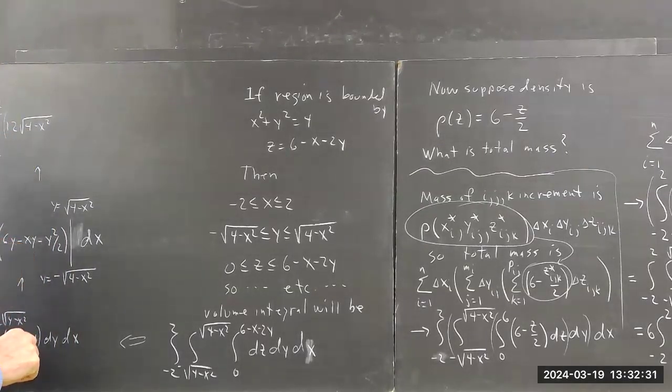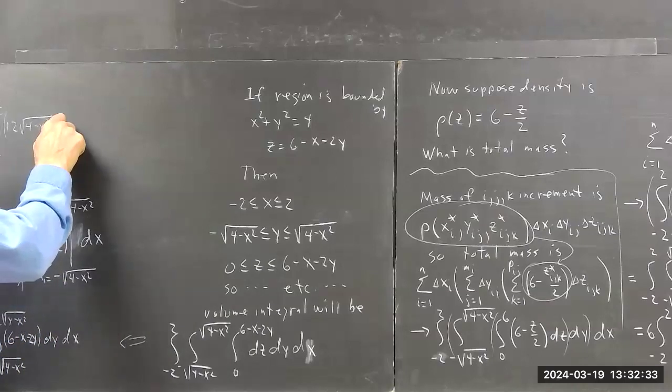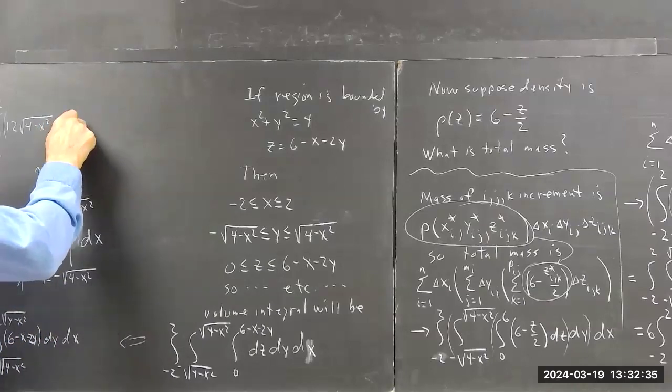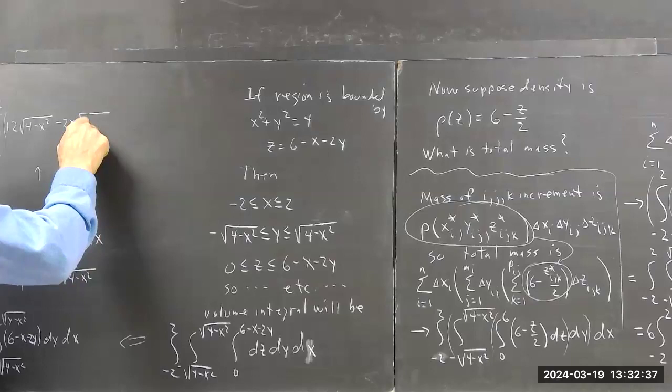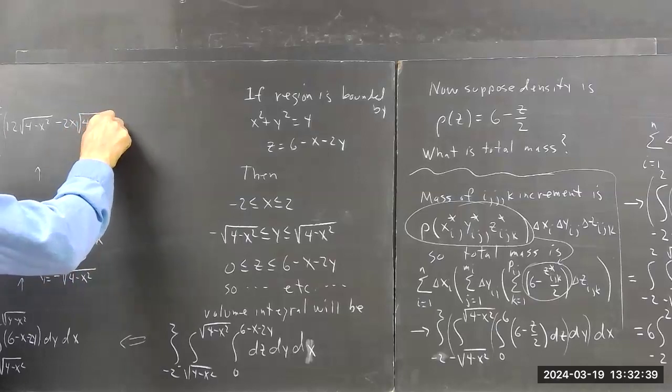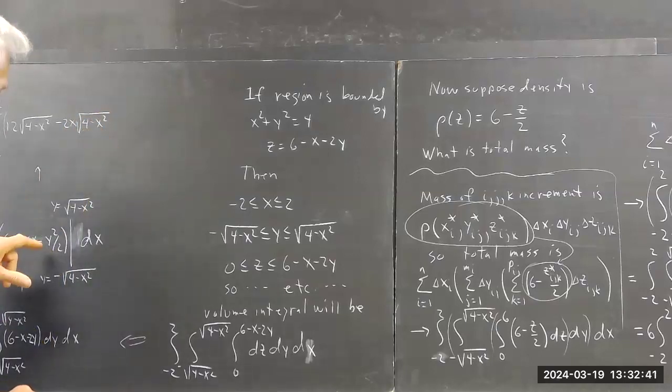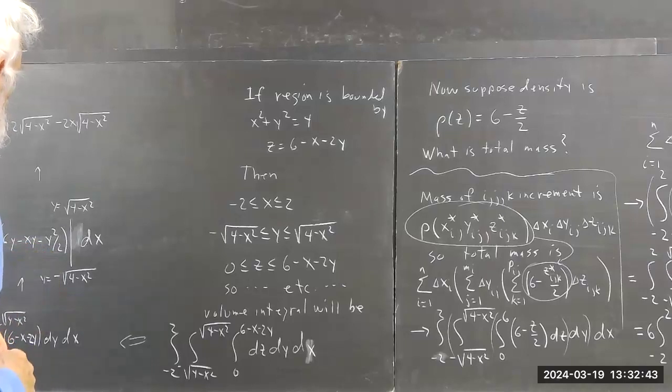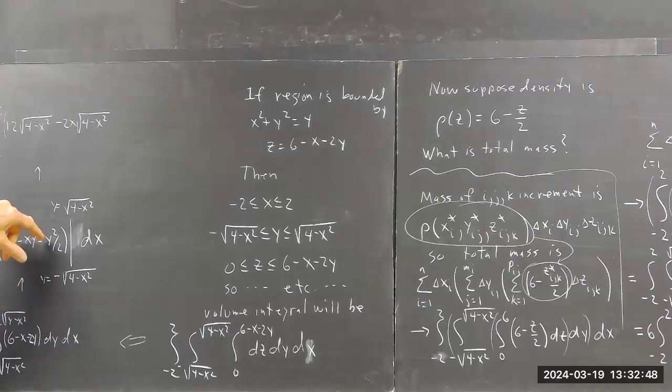And then it's minus xy. Well, then that's going to be minus 2x times the square root of 4 minus x squared. That's going to be minus y squared over 2. But fortunately, y squared is going to be the same here as it is here, since you're squaring. Doesn't matter if you have a positive or negative. So you're going to do the value here minus the value here. It's going to give you 0.